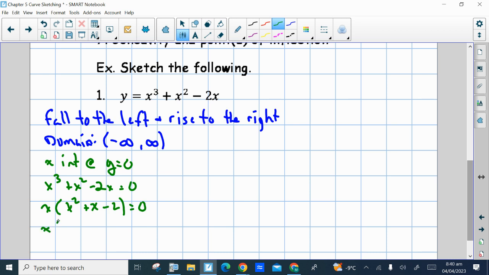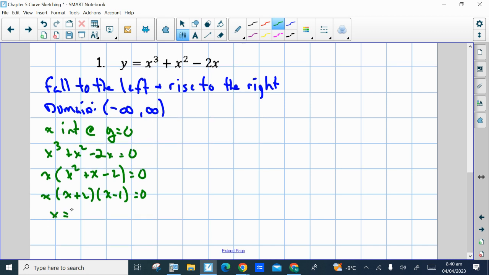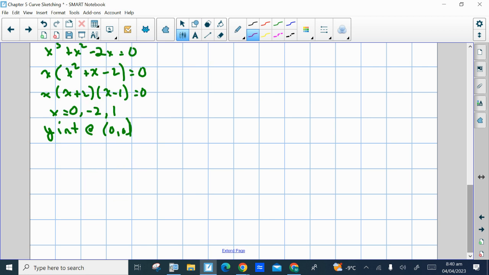We're left with a quadratic, which factors to x plus 2, x minus 1. So our x-intercepts are 0, -2, and +1. And because 0 is an x-intercept, that's also our y-intercept as well. Our y-intercept will also be at (0, 0). Because there's no denominator, there are no asymptotes here.